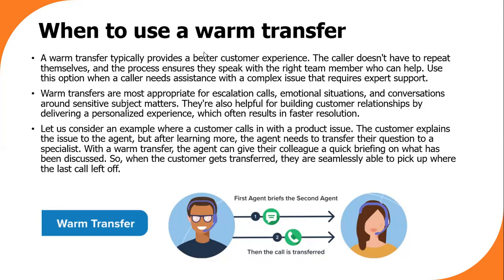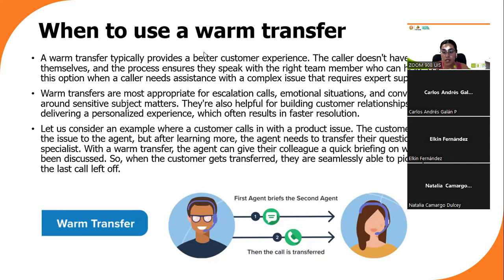Also, it's recommended that when you need to transfer a customer, you provide them with the telephone number, so that they can contact you again. So if the call gets disconnected, they know which number to call. So this is very common, right? The customer gets into the general service, and then you figure out that they need maybe the billing service or the technical support or a sales expert, whatever the area is.